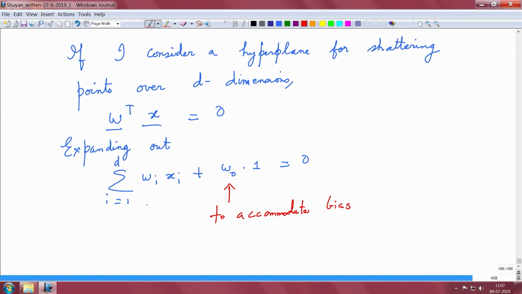And this corresponds to projection of d features onto a vector normal to the plane.